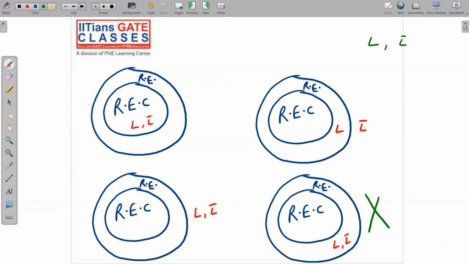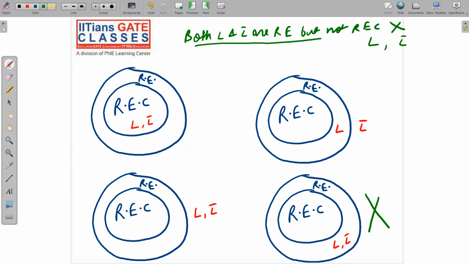I'm not going into the proof, but I just want to tell you that both L and L complement being RE but not REC is not possible. So we have only 3 possibilities. Possibility number 1, possibility number 2, possibility number 3.